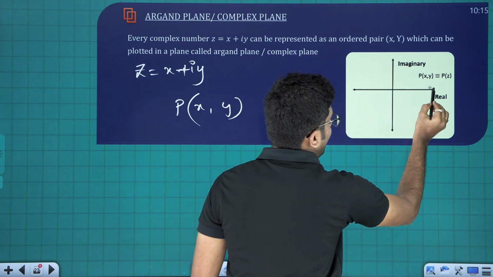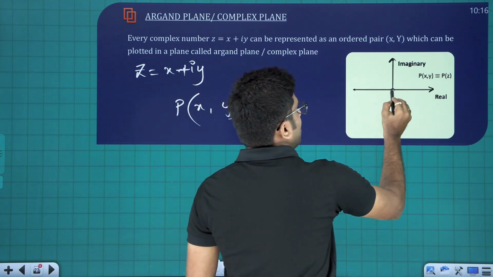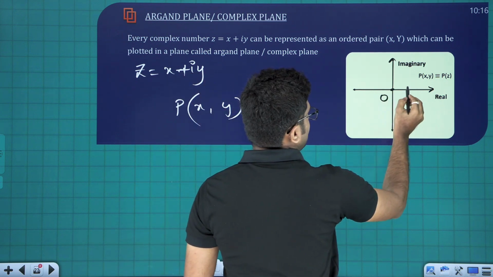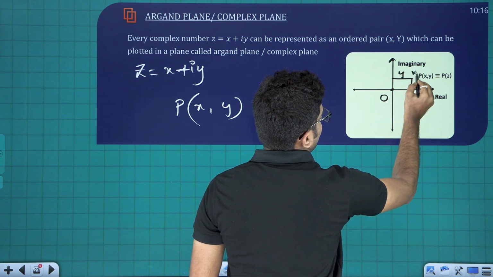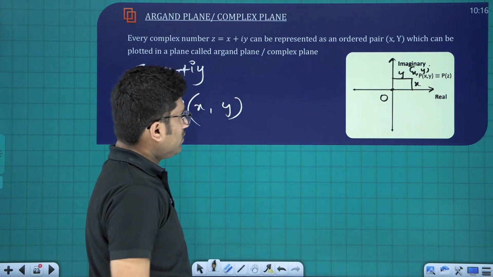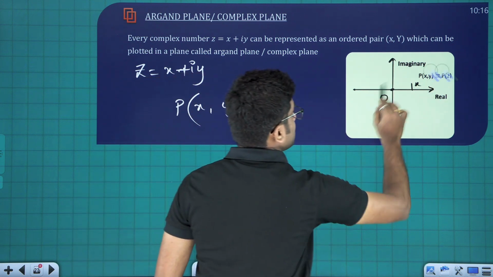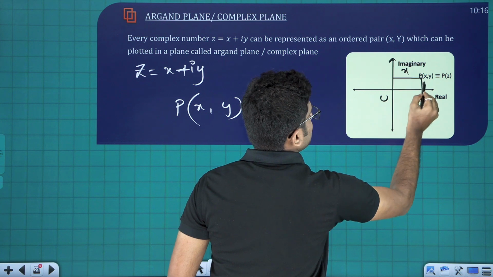Simple, friends, just like we have the Cartesian plane with the origin, x comma y means somewhere it is at x. This perpendicular distance will be x, this is x and this is y.